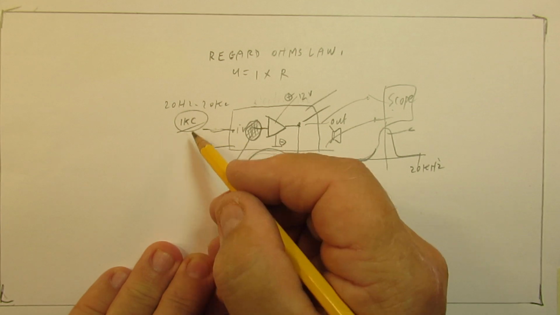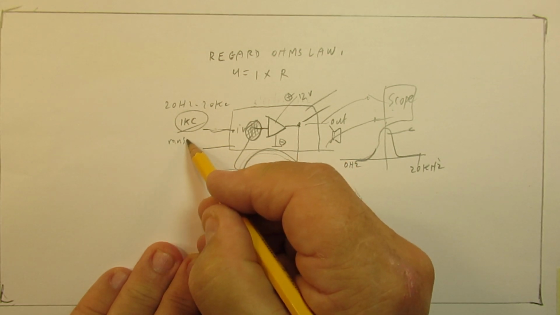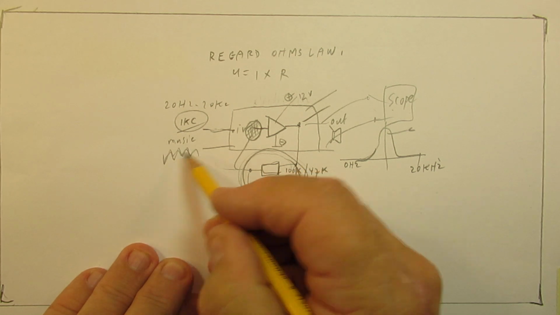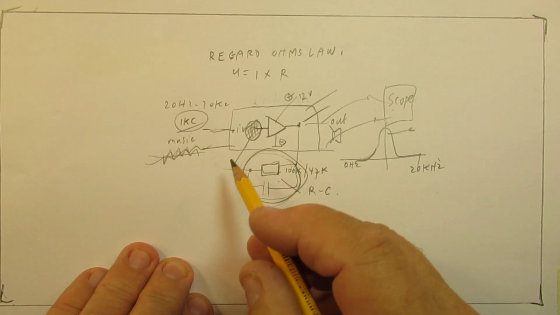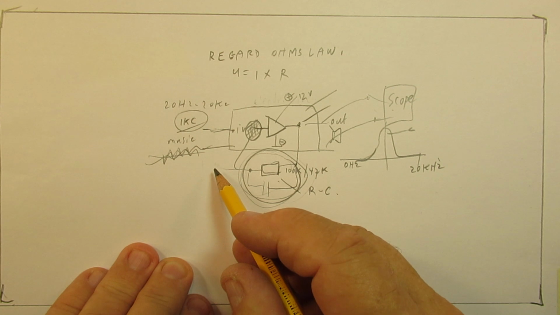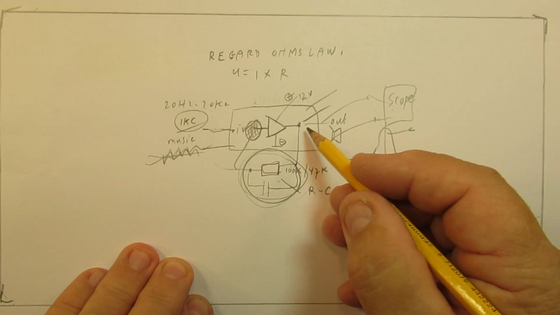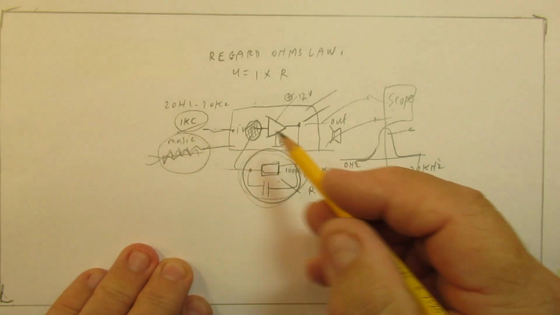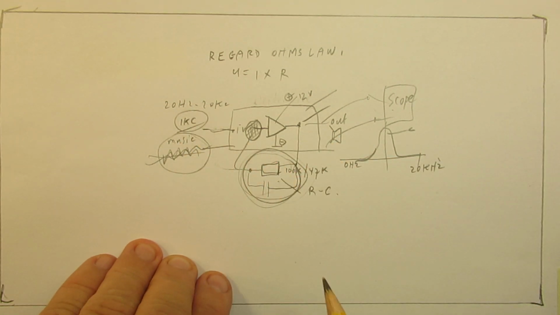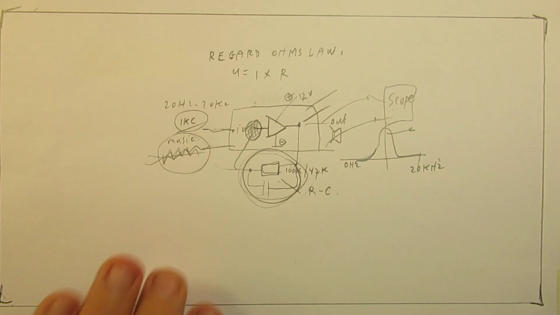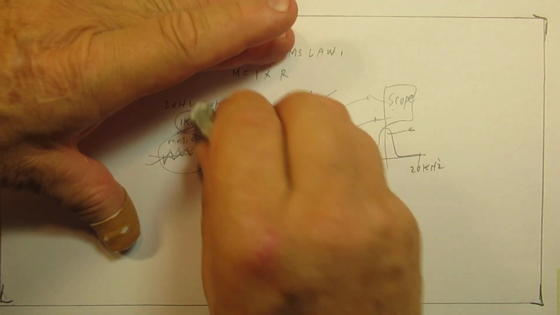So we have here, for instance, a music signal that consists of all kinds of sine waves, and by coupling a part of that complex music signal back to the input, we can bring the audio distortion down.